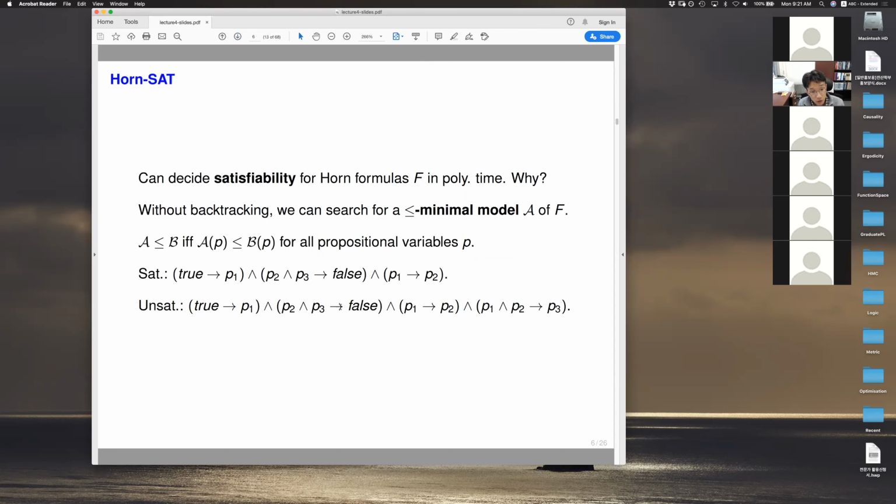Now let's look at two Horn formulas and think about how we can design an algorithm. If somebody asks you to check satisfiability of the first formula and satisfiability of the second formula, likely you're going to do the following.